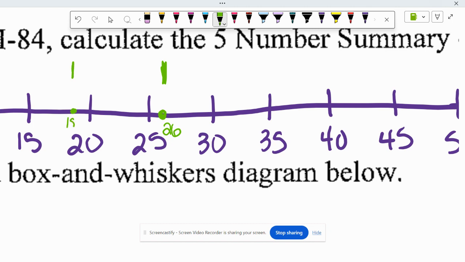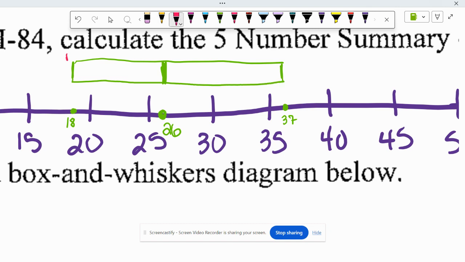I'm going to put the number 18 on my number line. And my Q3 was 37, which is about right here. So I'm going to put the number 37 so I know what it is. And then I'm going to draw a line and hook these together and make my box plot.